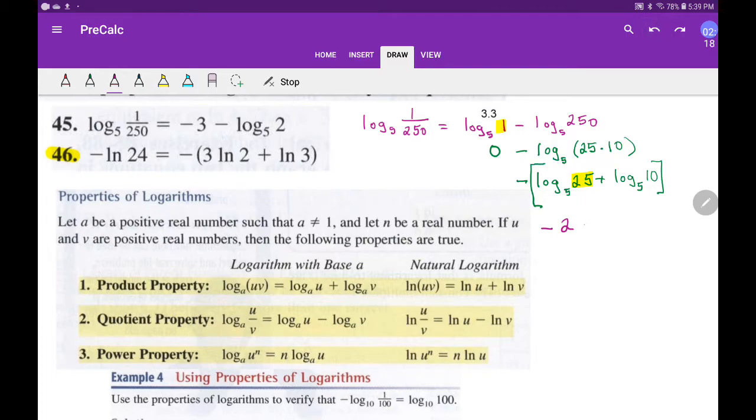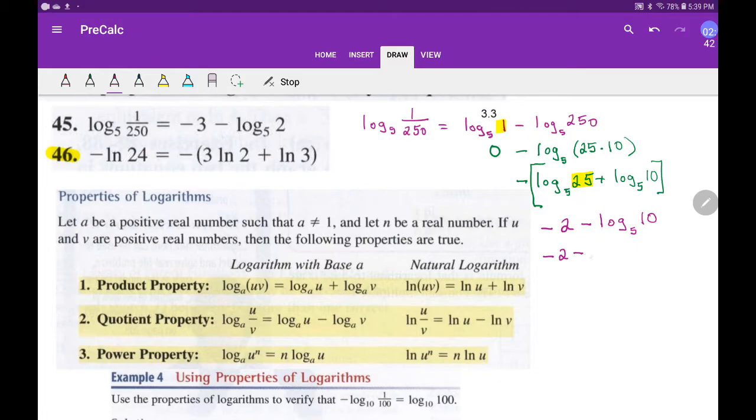And then log base 5 of 10, no, I don't know what to do with that. And so I say, okay, we're making progress here. It doesn't look like this yet, but we're closer. And we say, well, I think I could split this up again.